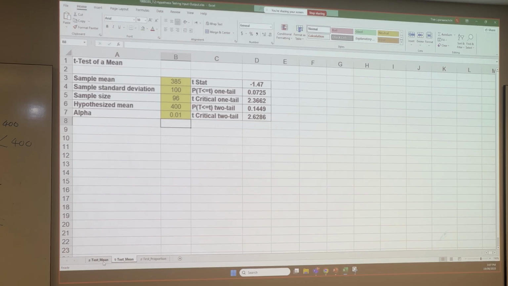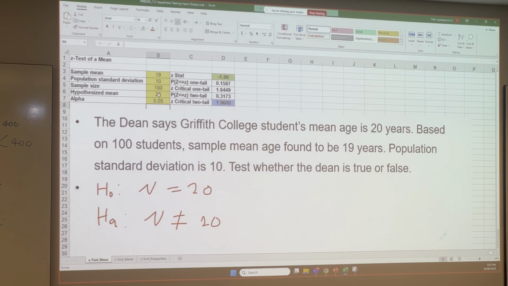So even for the Z value, there are only three levels. At 5%, 1.96 is critical, and if it is 1%, then it's going to be 2.32.